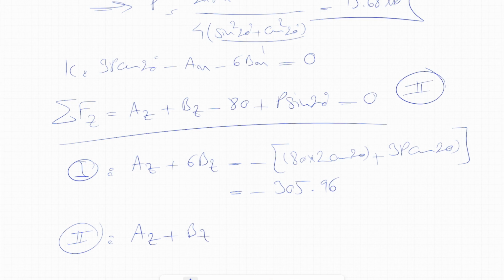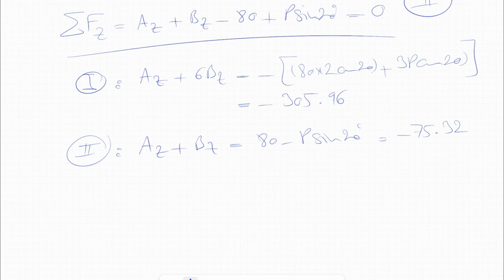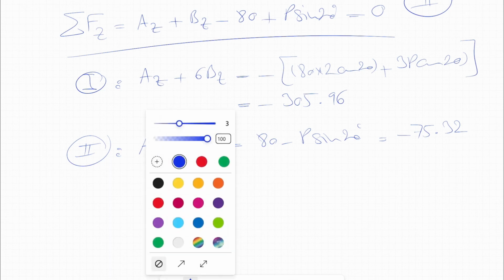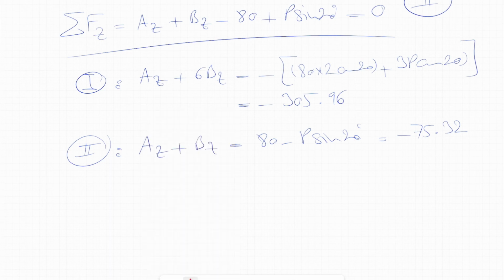We need to do the same thing for the second one. So AZ plus BZ equals 80 minus P sine of 20 degrees. And from our Fz, if we calculate that, we'll get minus 75.32.